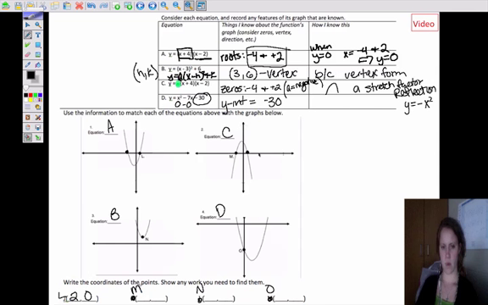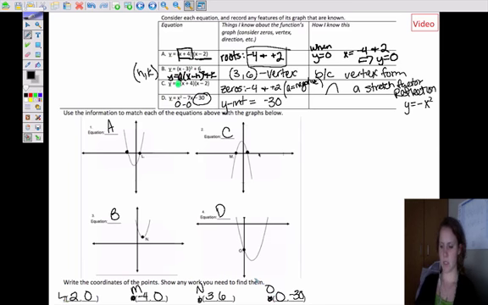X is 2, y is 0. M was another root, that was (-4, 0). N here was the vertex, and we knew in that equation the vertex was (3, 6). And then O was our y-intercept, so (0, -30) was our y-intercept for that graph.